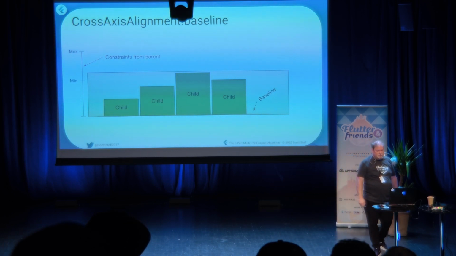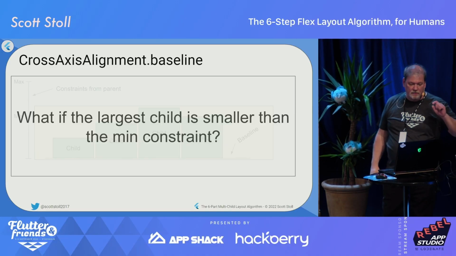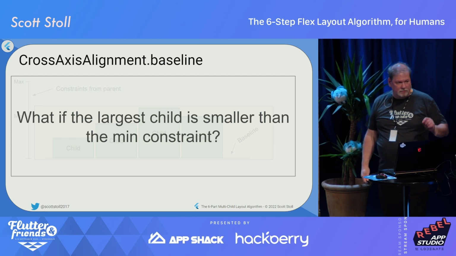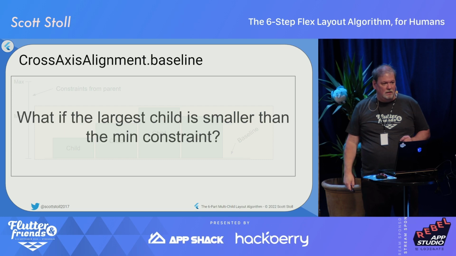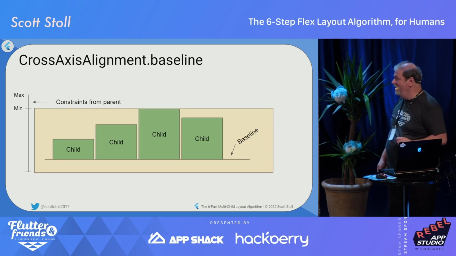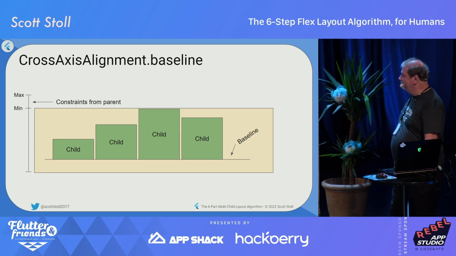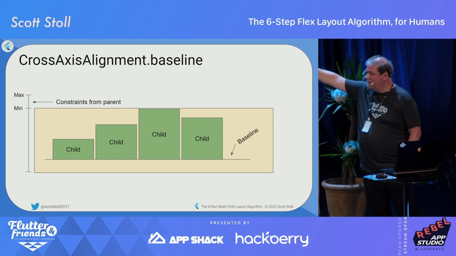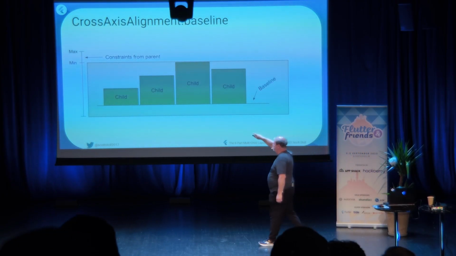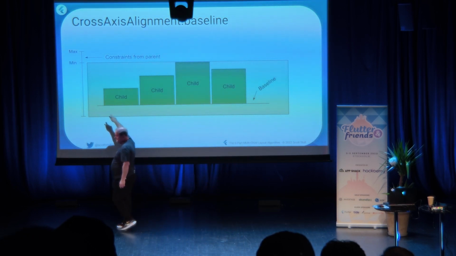But here's an interesting twist. What if the biggest child is smaller than the minimum constraint? And this is where it'll start to be painful, because it's going to lift it up off the bottom. You see where the min is? Over here on the left. The row is going to have to be minimum this height.